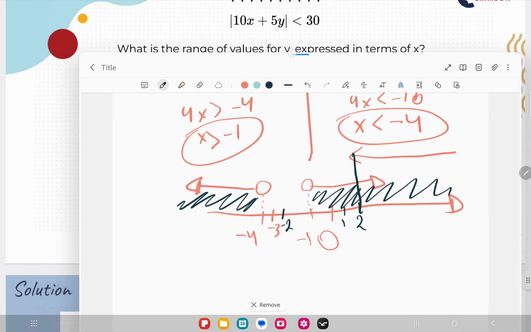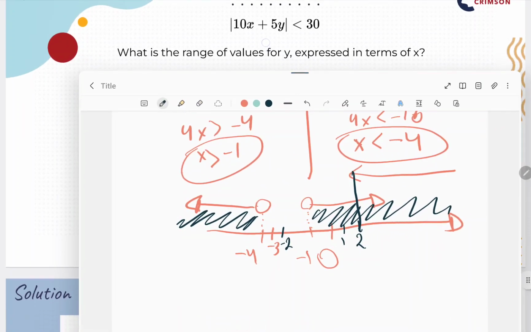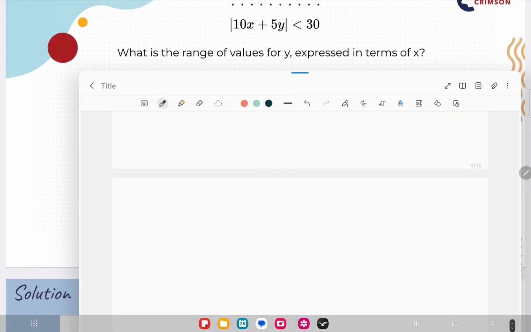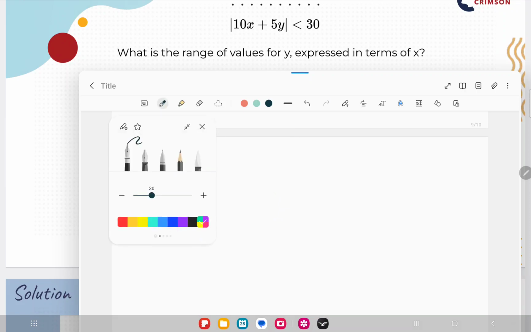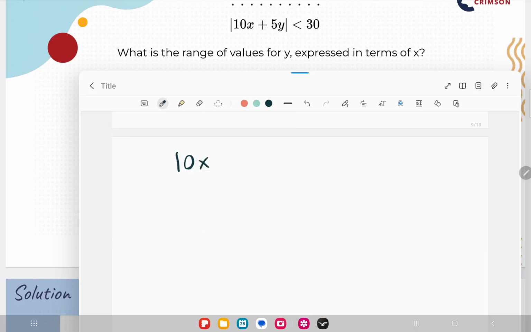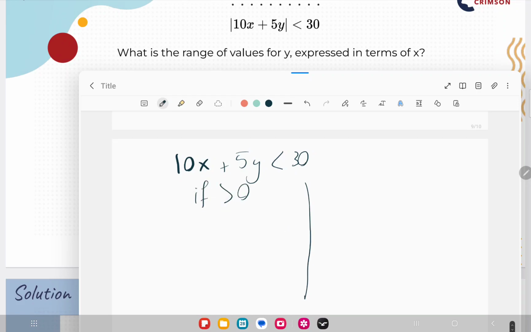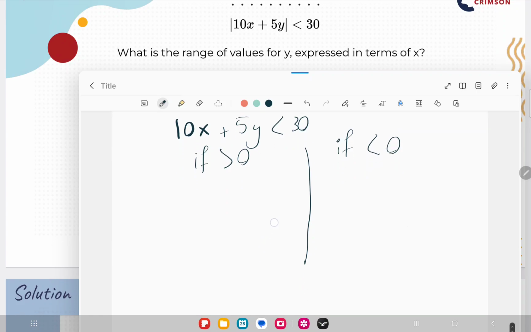Now let me go here. What is the range of this one? I like this color better. Can I make it a bit thinner? Okay. 10x plus 5y less than 30. Again, if positive, if negative.